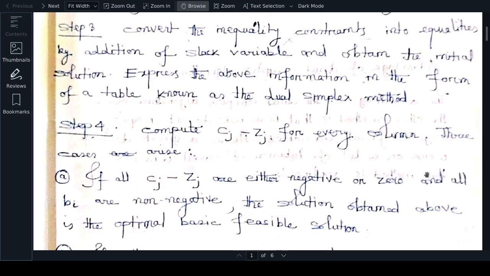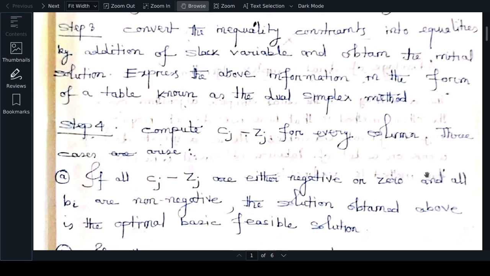So Cb into Yj we write as Zj. So here Zj means what? Cb into Yj is denoted by Zj, means compute Cj minus Zj, this is the delta j value. Okay. So Cj minus Zj for every column.